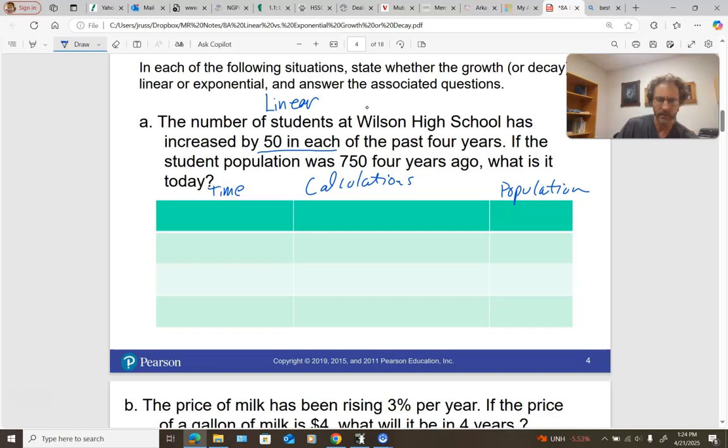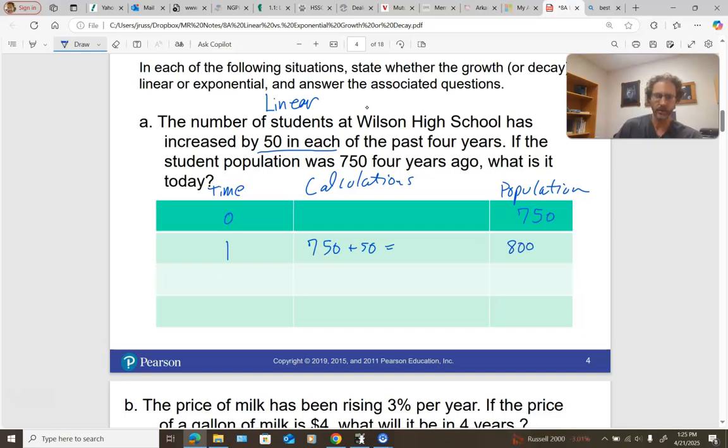Let me start this at time 0. So at time 0, there's nothing to do. The population starts off at 750. But after that first year, the population grows by 50. So you have the original population plus 50, and that gives us 800.